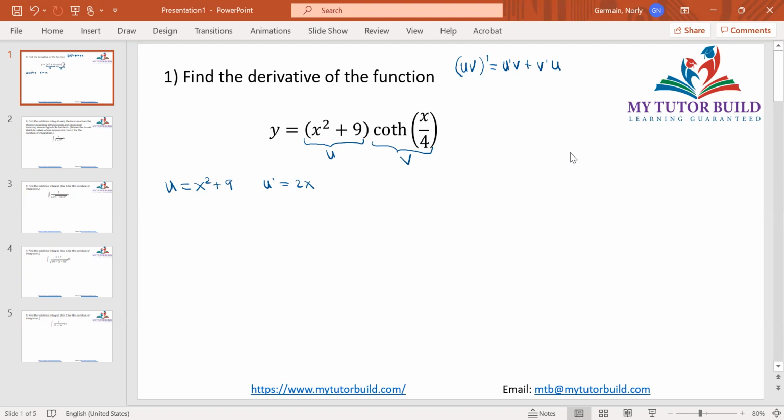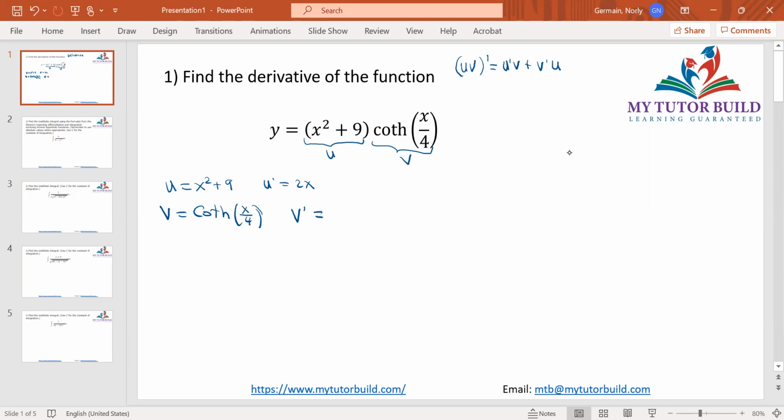And if we set v equal to hyperbolic cotangent x over 4, we want to know what we get when we take the derivative of a hyperbolic cotangent.